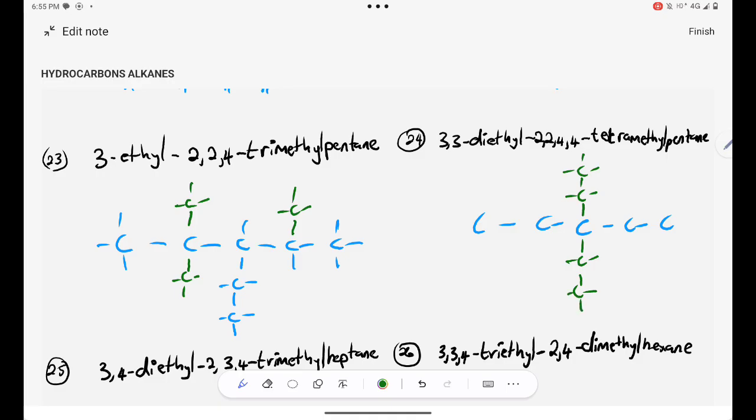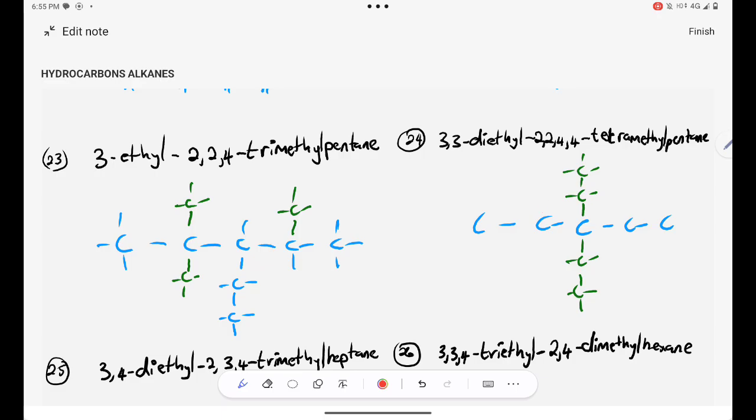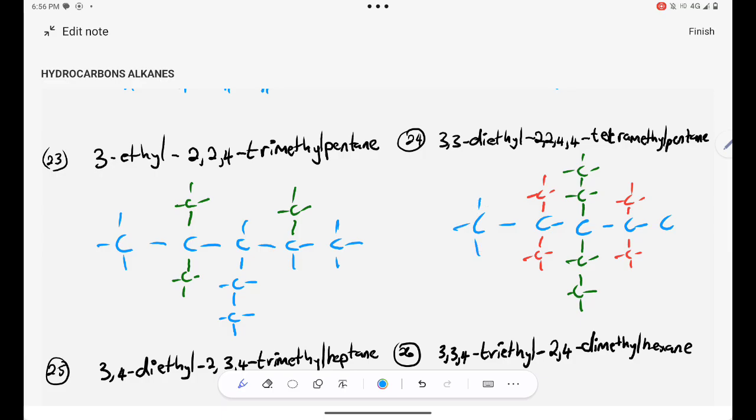Okay, and then at carbon number 2 and carbon number 4, I have my tetramethyl. Tetra means 4, guys, right? So I'll simply have CH3 over there and CH3 as well in carbon number 4. And then all you need to do now is to write down your hydrogens. Your structure should look like this.